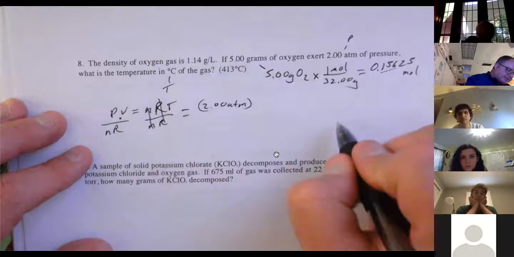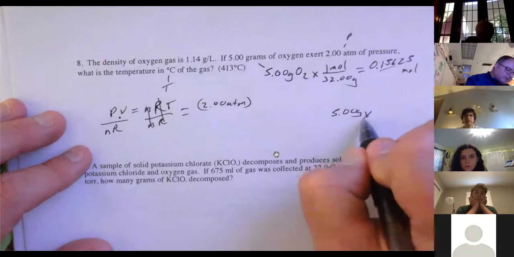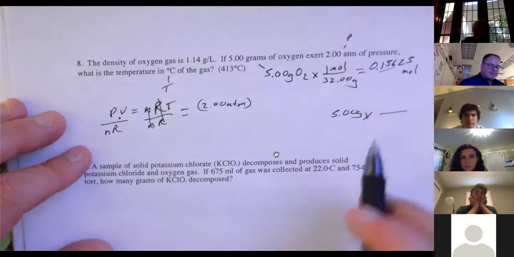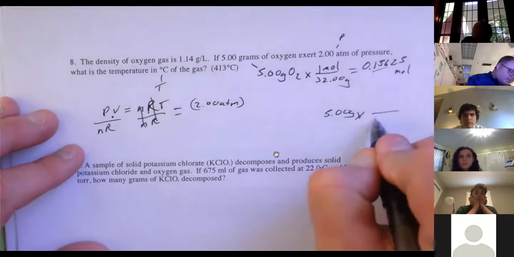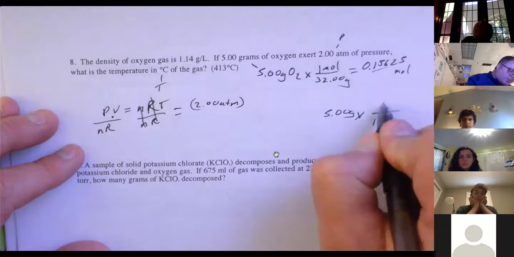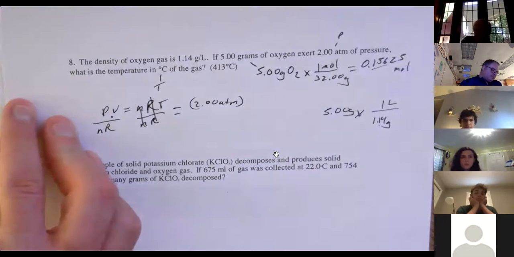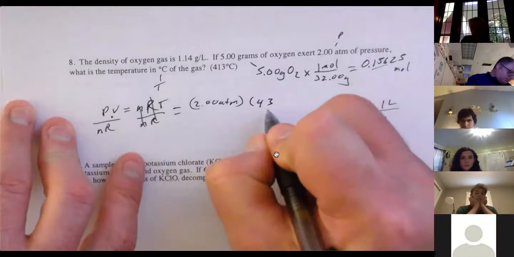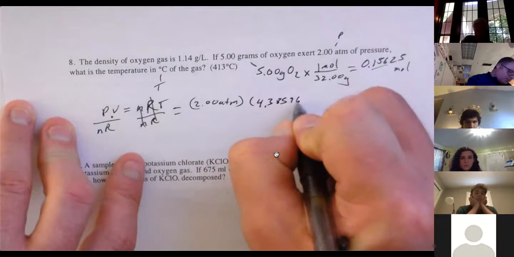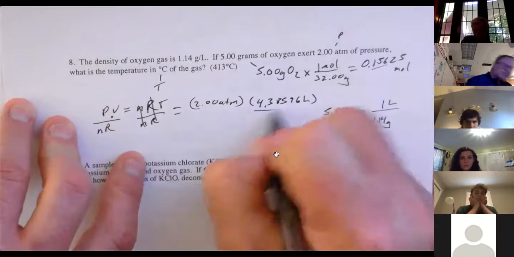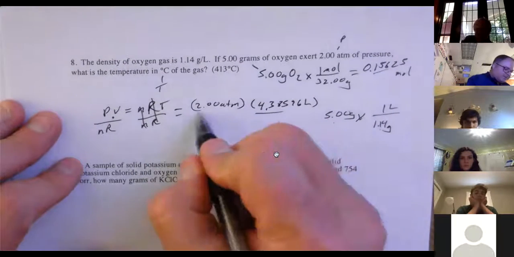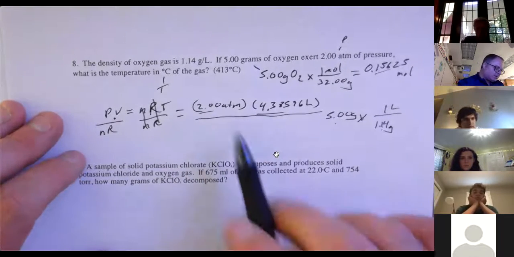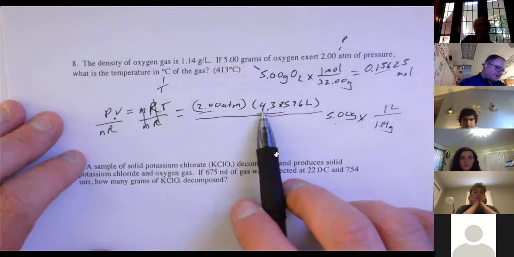So if I have the mass, 5.00 grams, to get volume, we take the mass and divide it by the density, 1.14 grams per 1 liter. 5 divided by 1.14 is about 4.3859 liters. Again, that would have 3 significant digits as well. And the atmospheres has 3 significant digits. So it looks like we're probably going to have 3 significant digits for our final answer. So 2 atmospheres, that many liters.